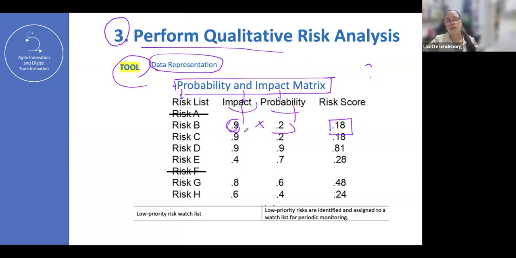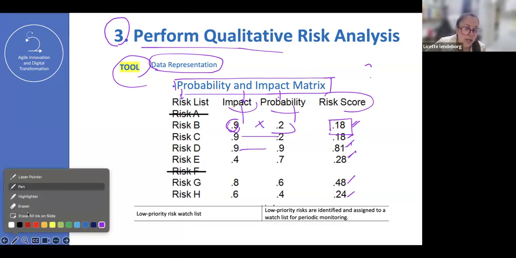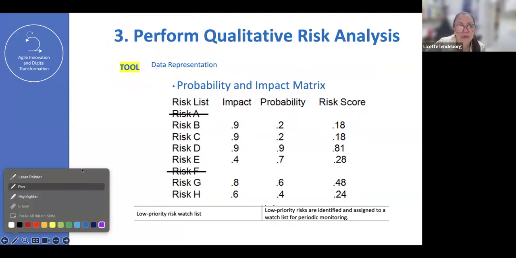All right, now that you can calculate one by one, you get this list of scores: 18, 81, 28, 48, 24. I want you to observe. Check this list, and I'm going to ask you. You can open your microphone or put it on the chat.